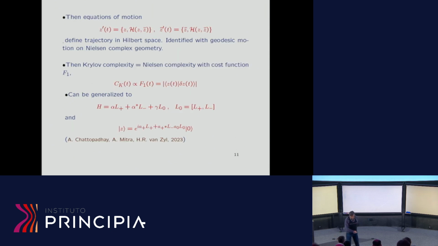That reduces the evolution on the coherent states to these classical-looking Poisson equations. So that defines a trajectory in the Hilbert space of coherent states Z, and that is, in fact, identified with the geodesic motion on the geometry of Nielsen complexity.